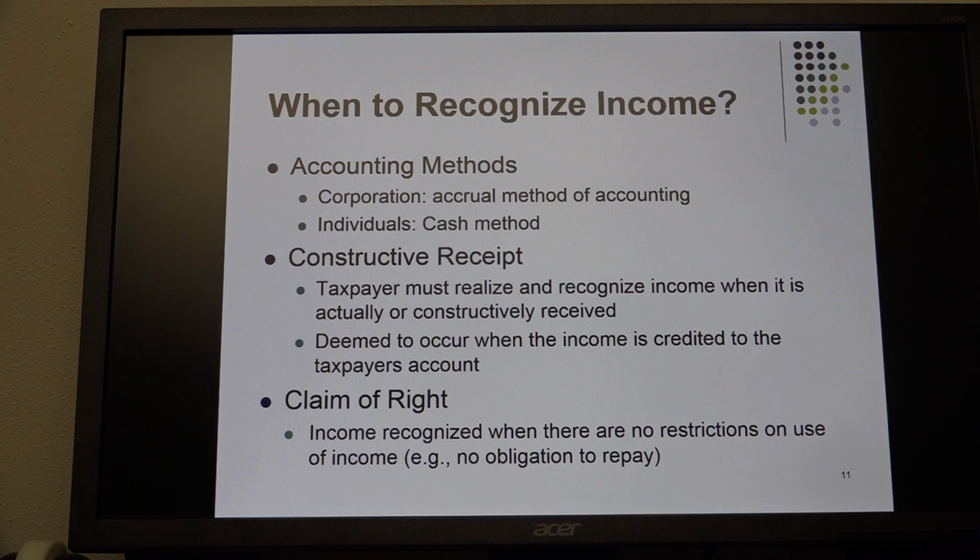Now, what if, let's say, your employer has your year-end bonus ready on December 31, and you just don't get around to picking it up until January 4th of the next year.